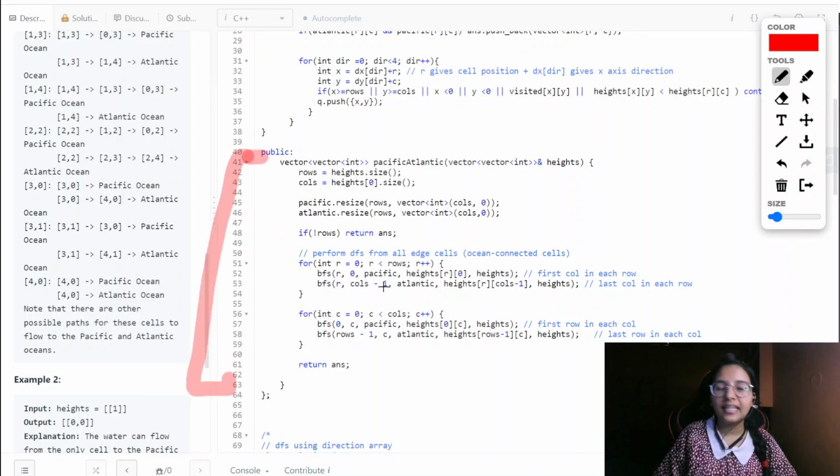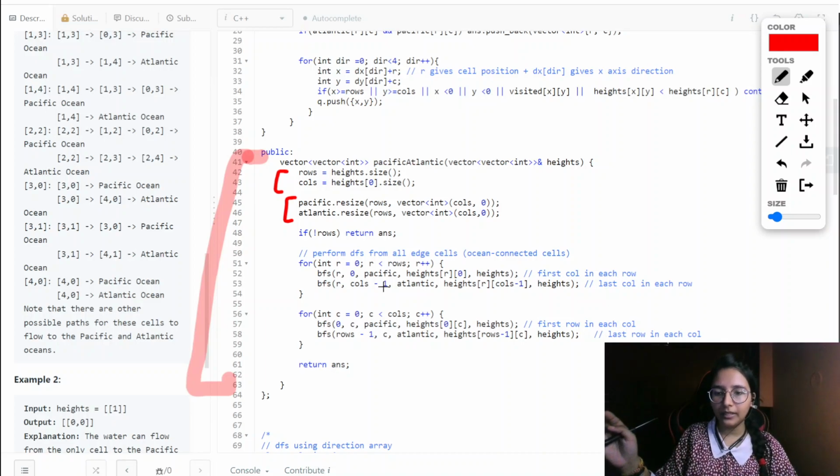So here the thing is that first we are taking the row and column, and then Pacific and Atlantic are basically a vector of vector int, meaning a 2D vector I have taken. You can take any other data structure as well, but this vector of vector satisfied the condition for the thing we are going to move ahead with. We could also have used a map here, but if we pass an unordered map, then it won't work, because I tried that and it was showing some sort of error.